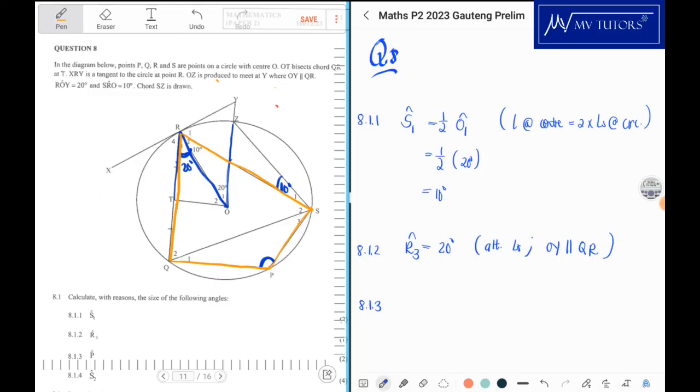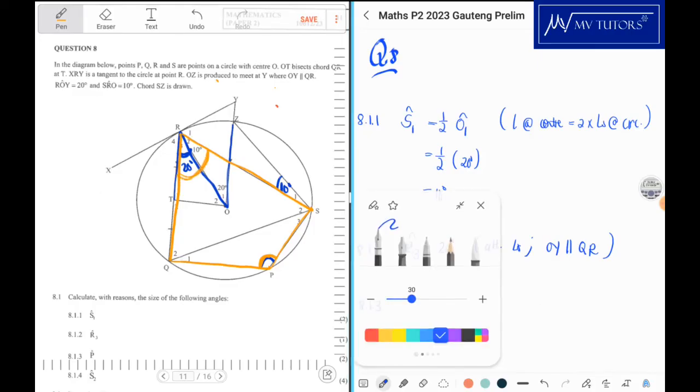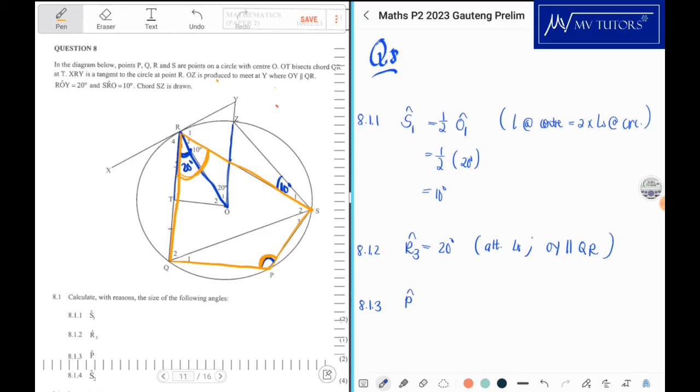We know quite a few, but looking at where P is and what I also know over here, I know that P plus R2 as well as R3, that will be equal to 180 degrees. And why is that?